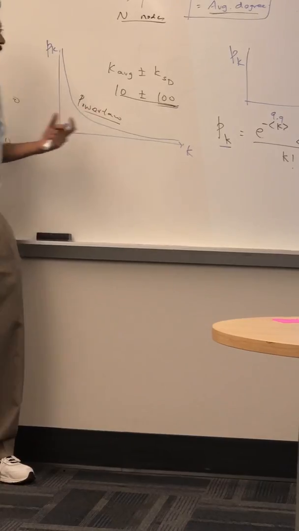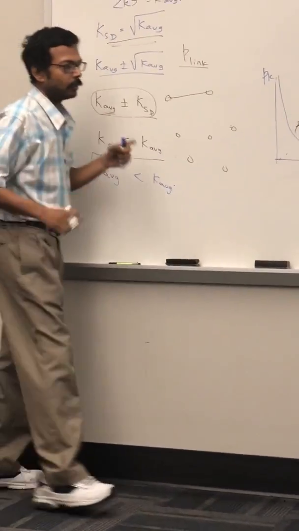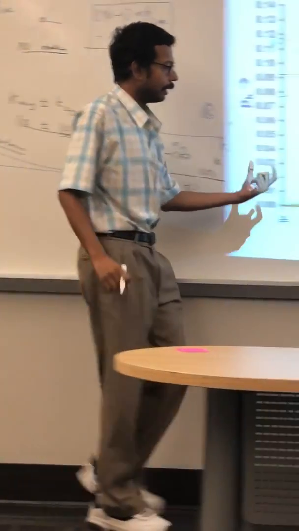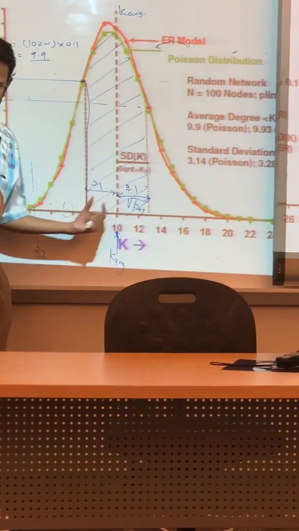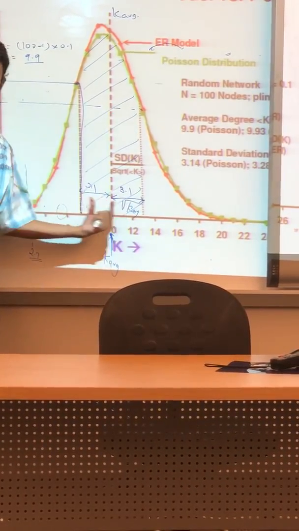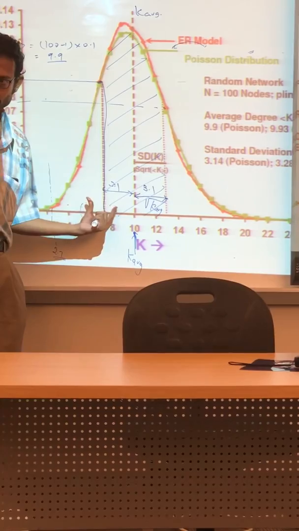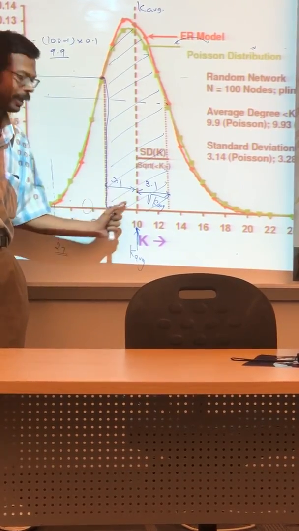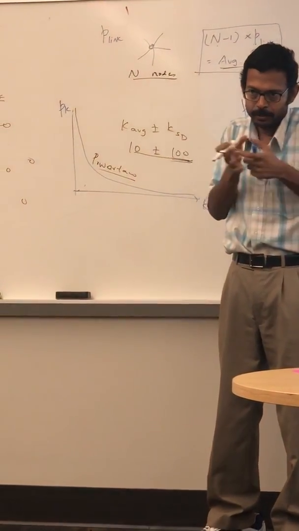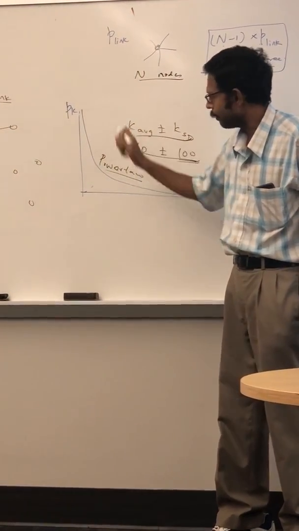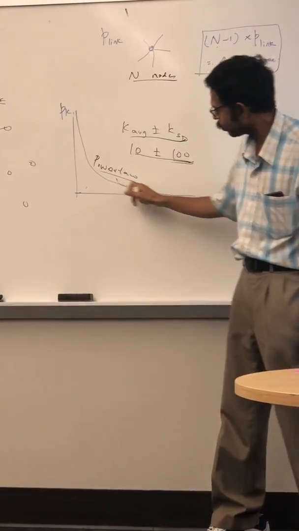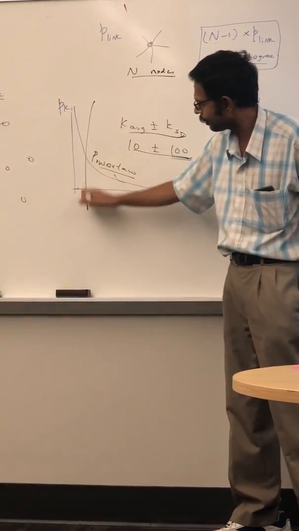Okay, so we say this is like a scale. Why is it like a scale? Because the range of degree values is well within the limit of what? Standard deviation. Most of the vertices have degree plus or minus the average. Whereas here, we cannot say there is such a scale. We cannot say this is a scale for the degree because the degree values could be anything. The average could be this.